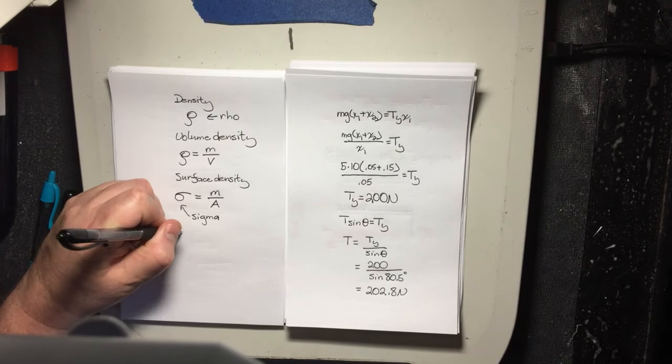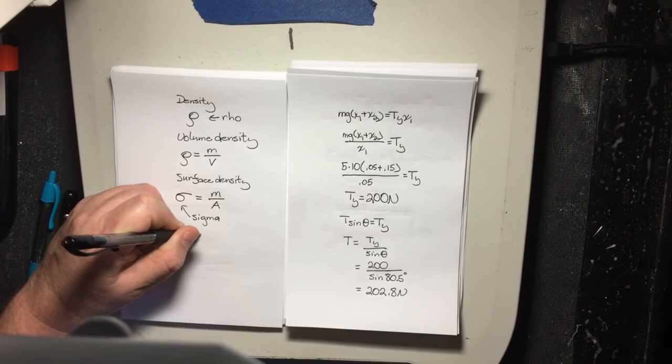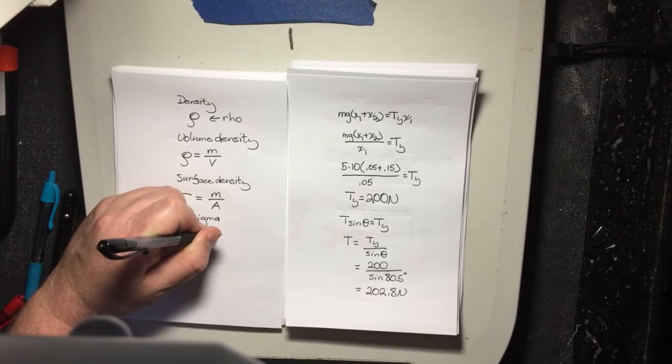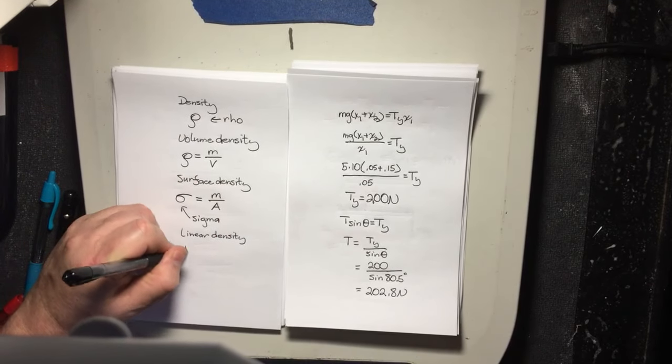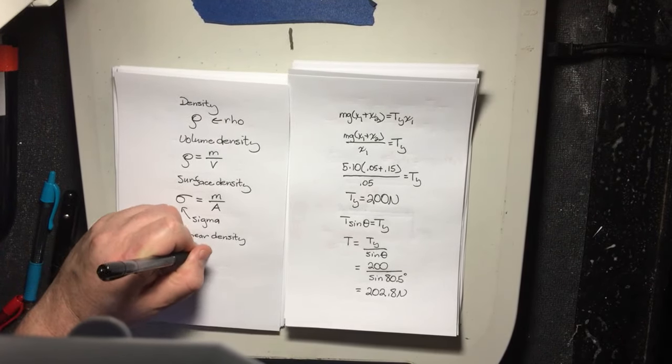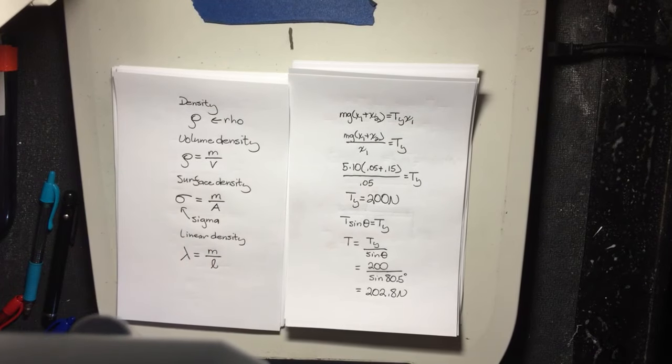The last one which we'll cover is linear density, which is lambda. Mass over length.